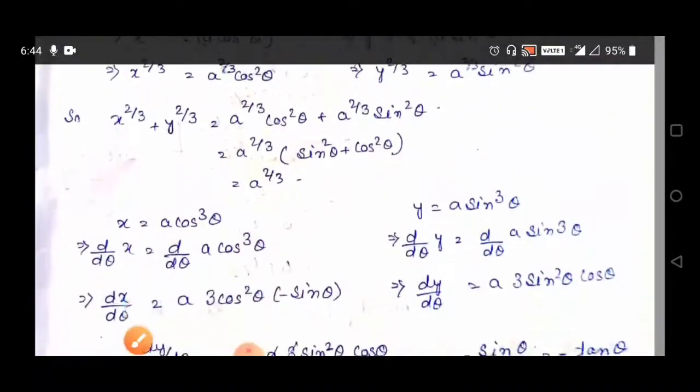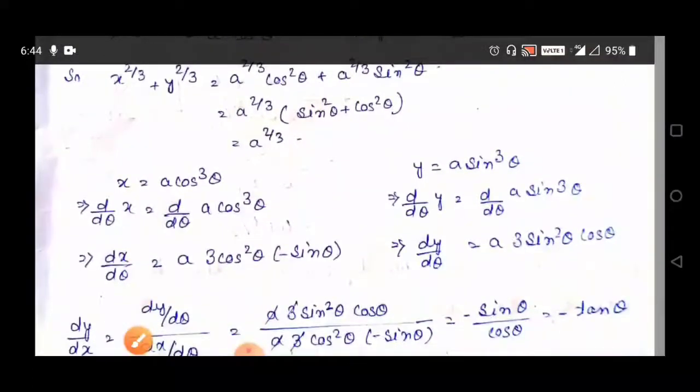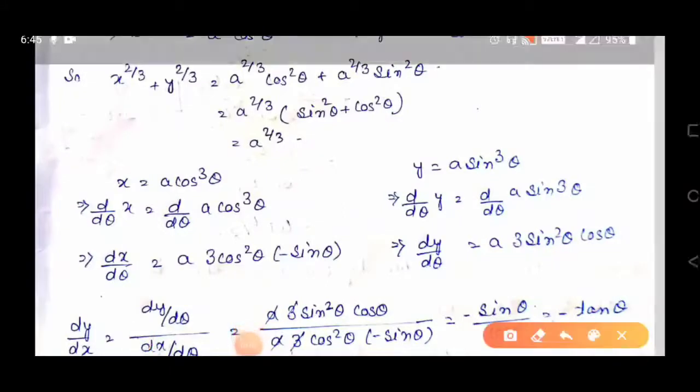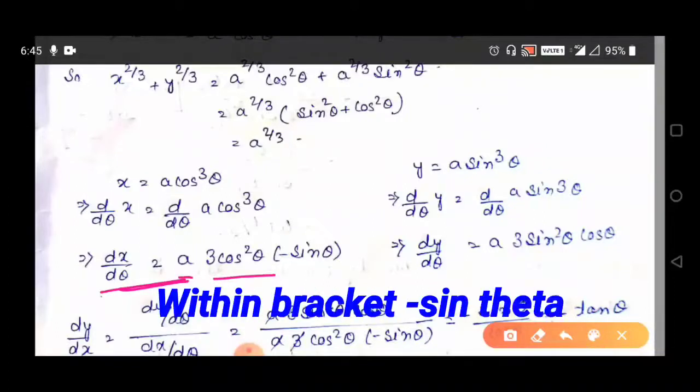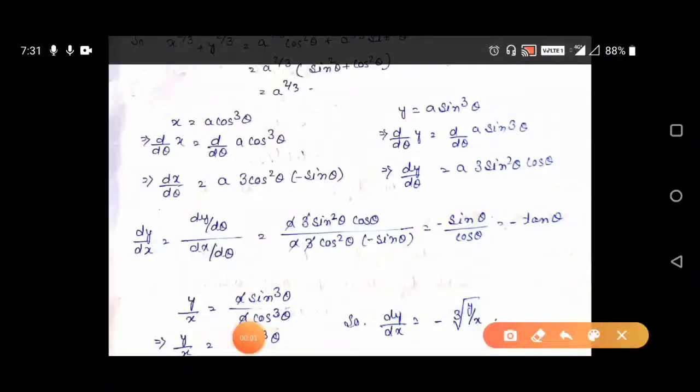Now we will differentiate x with respect to theta and we will differentiate y with respect to theta. So dx by d theta is equal to a 3 cos square theta minus sin theta and dy by d theta is equal to a 3 sin square theta cos theta. Now we will find dy by dx.